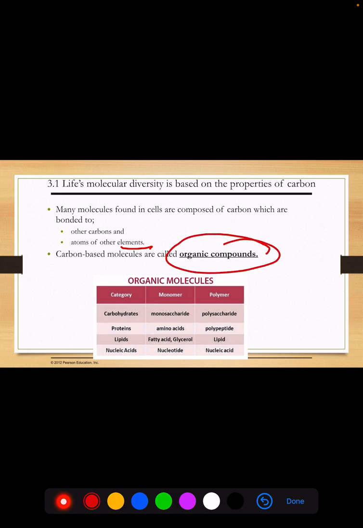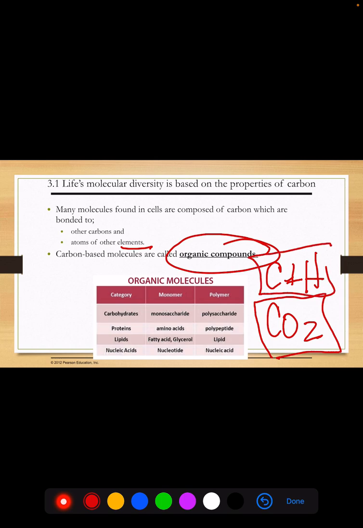Generally, when we talk about an organic compound, we are talking about a compound composed of carbon and hydrogen. CO2 has carbon, but it does not have hydrogen, which is why we generally say carbon plus hydrogen would give it that designation of organic. So we don't have to say except for carbon dioxide and carbon monoxide.